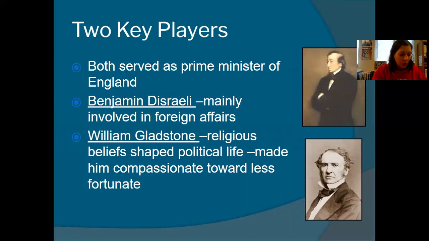He worked a lot with bills related to public health, public housing. So both of these men played a big role in England during this time of reform. Gladstone also was a big supporter of making sure people had access to education.